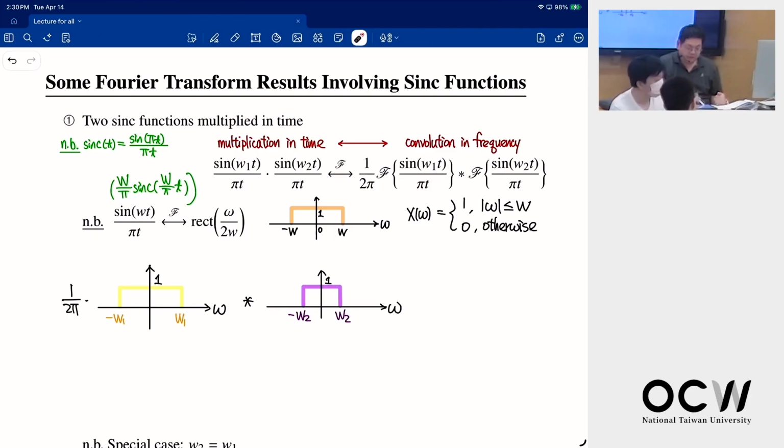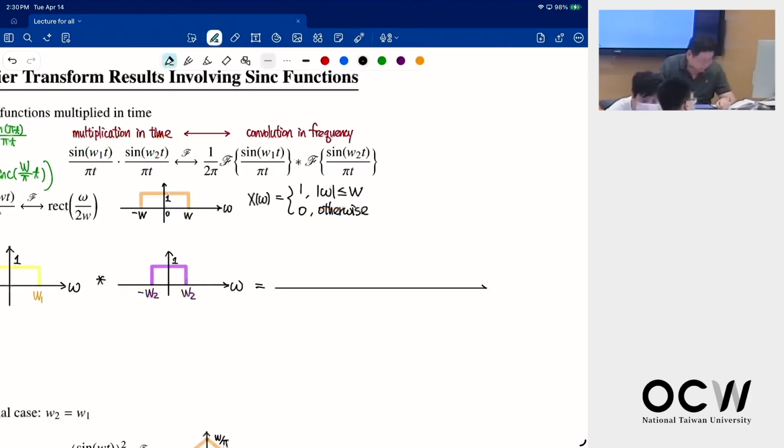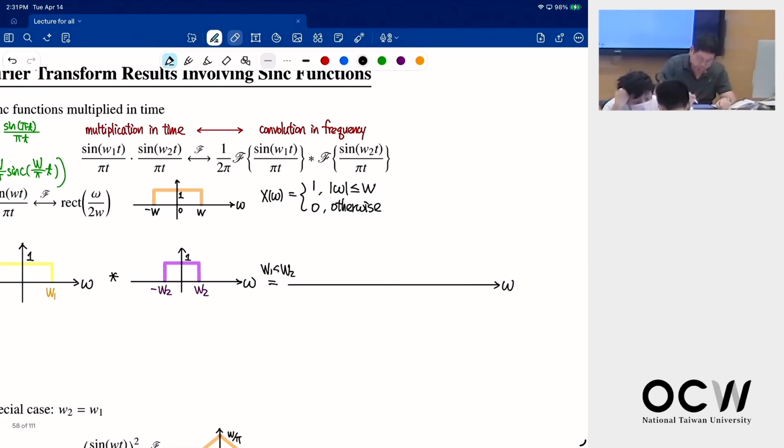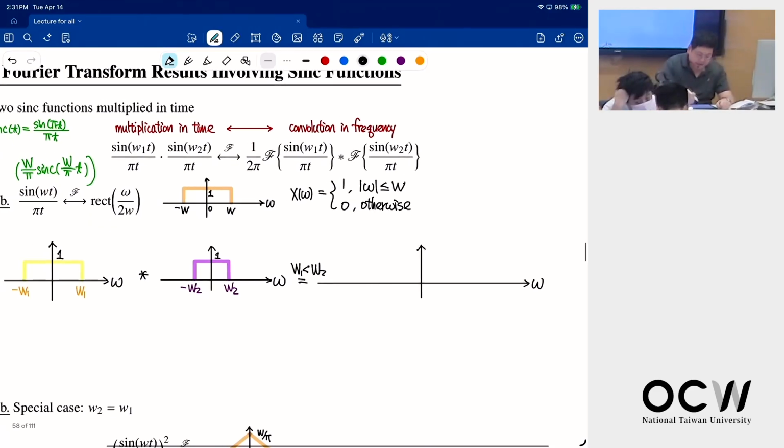So if W1 and W2 are not equal, suppose W1 is less than W2. In this case, we will get a trapezoid.